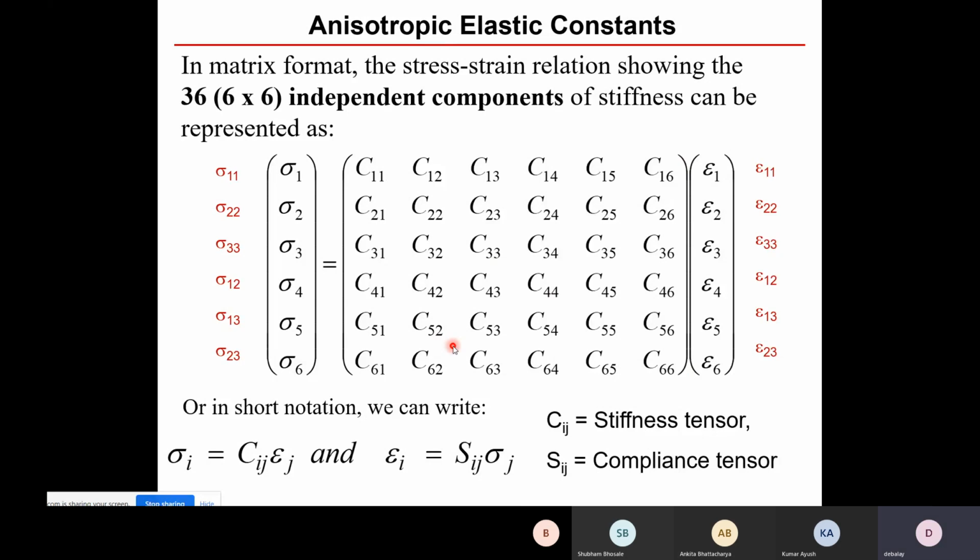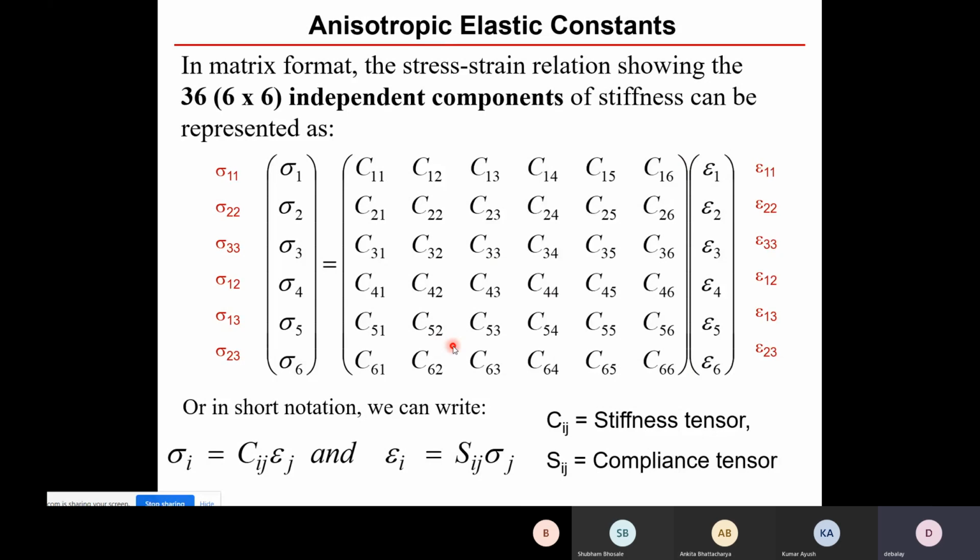When your structure is most anisotropic. And when is it most anisotropic among the crystal systems? When it is triclinic. And when is it closest to isotropic? Isotropy is a virtual, ideal condition.